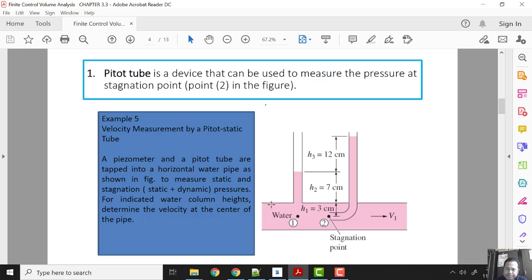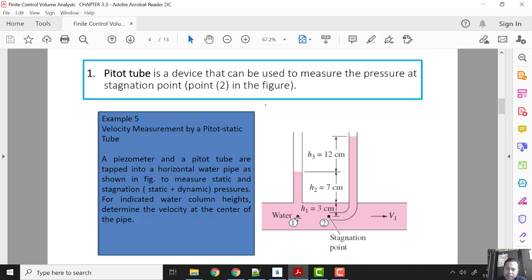So here we have a pipe, water flowing in the pipe, and here we have a straight tube. The straight tube is a piezometer. It's used to measure the static pressure. And we have another one, a Pitot tube here, the L-shaped tube, to measure the pressure at the stagnation point. The velocity here at point 2 is equal to 0 also.